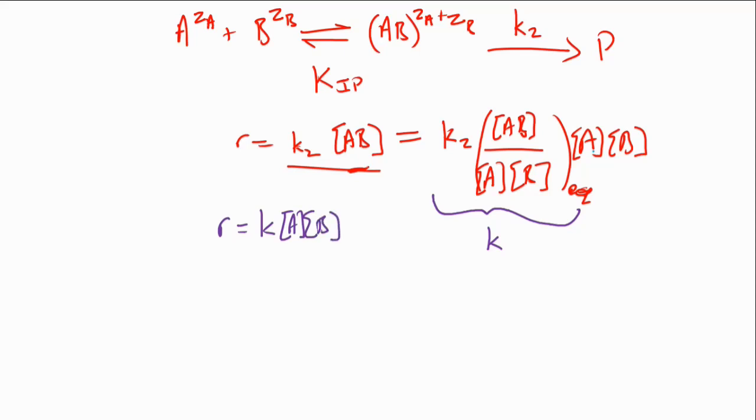Now, let's move forward. This part here is an expression for the ion pairing equilibrium. And so the rate comes down to be, rate is equal to K2 times KIP.